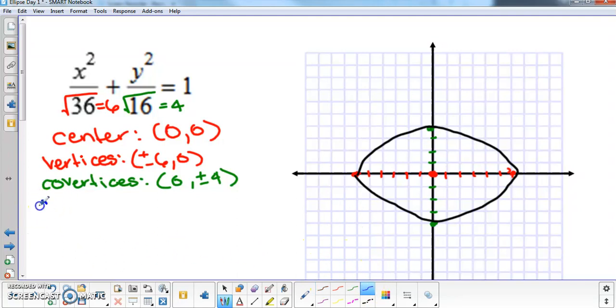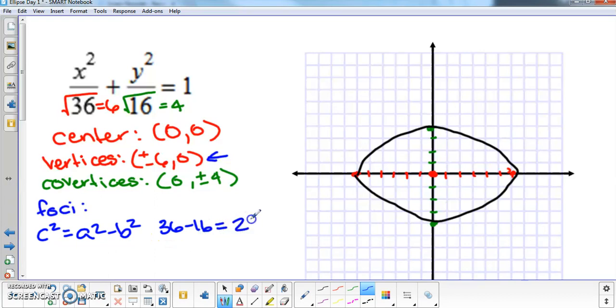All right. So to find my foci, those are always along my major axis, so the longer one. So whichever one my vertices are on is the same axis that my foci are going to be on. Okay? So I got to go c squared equals a squared minus b squared, which is 36 minus 16, which gets me 20.